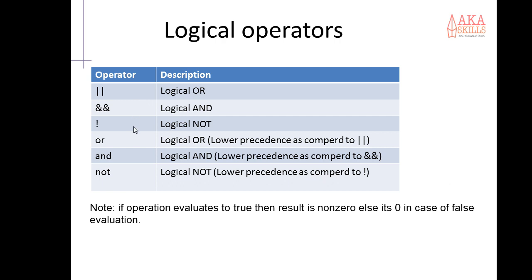Similarly, these operators can be written in their English form: and, or, and not. The only difference is that the precedence for these operators is lower compared to the symbolic notation. The operator precedence we will look at later when we look into these operators in detail.